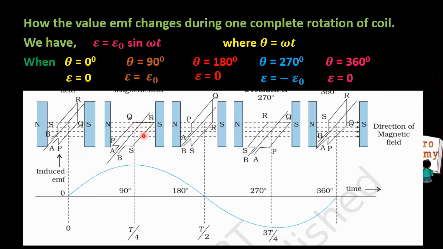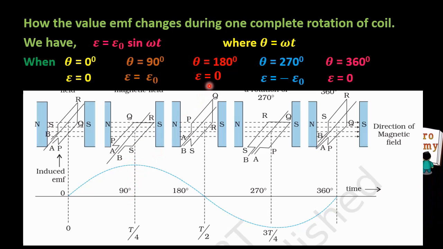In this position, the area vector is directly upward, so it makes an angle of 90 degree. So for 90 degree, the EMF is maximum on the positive side.